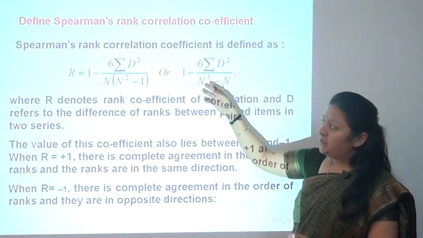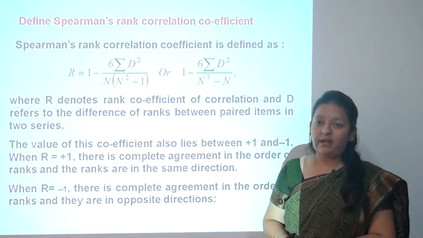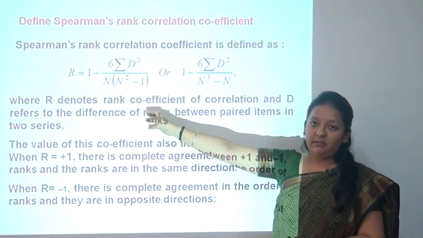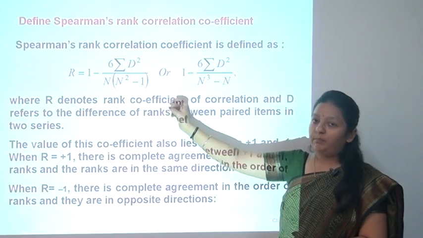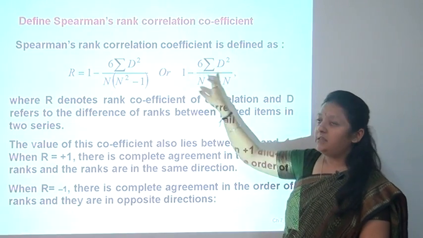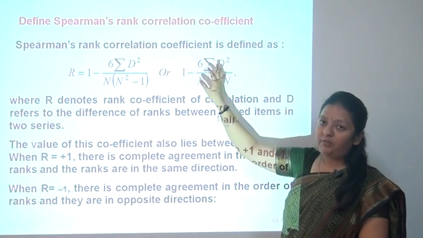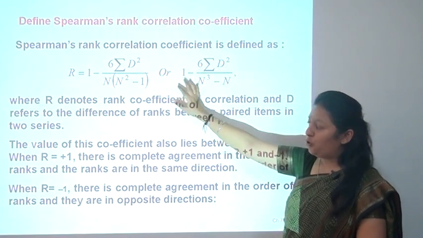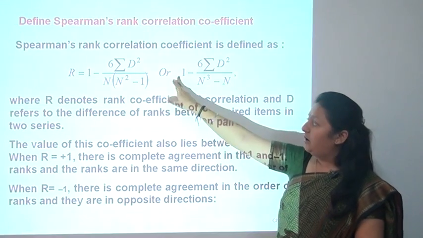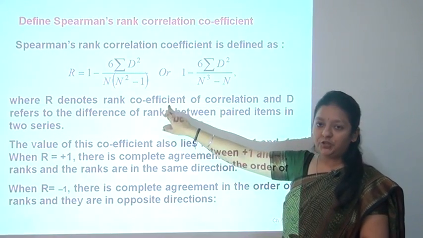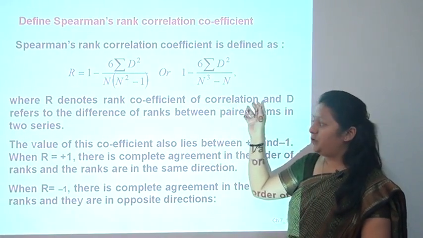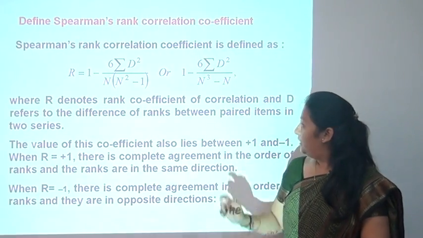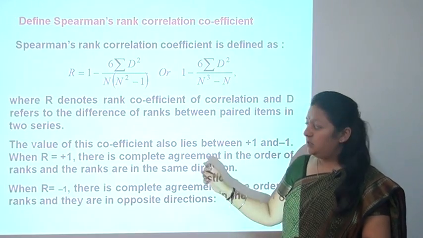Now Spearman's rank correlation coefficient is calculated using the formula R is equal to 1 minus 6 sigma d square divided by n cube minus n. This is the formula used to identify Spearman's rank correlation coefficient, where R denotes the rank correlation coefficient and d refers to the difference between the two ranks of paired items in the series.